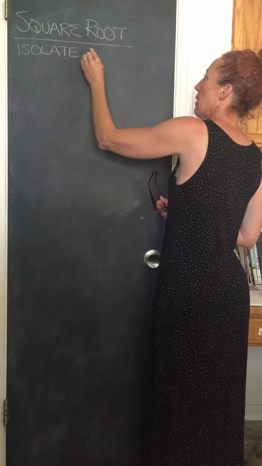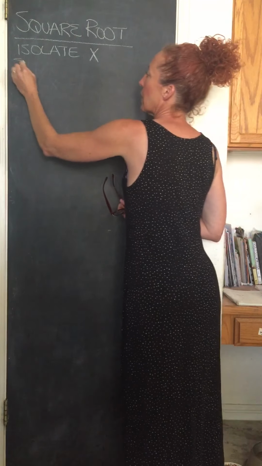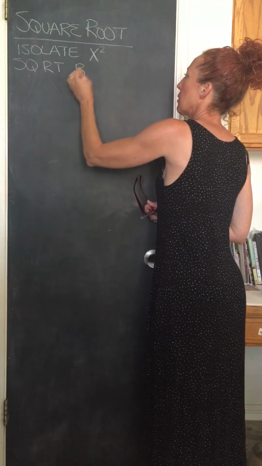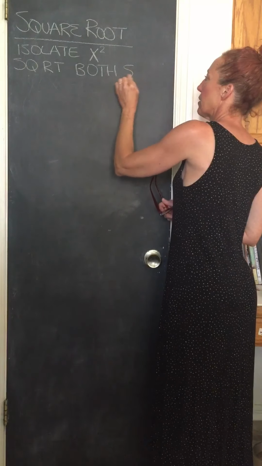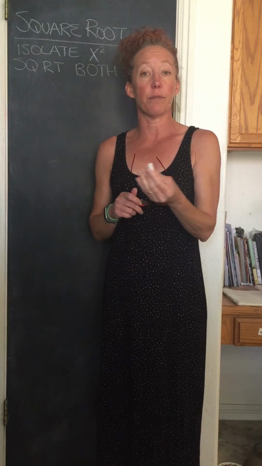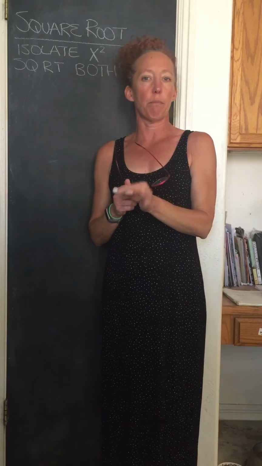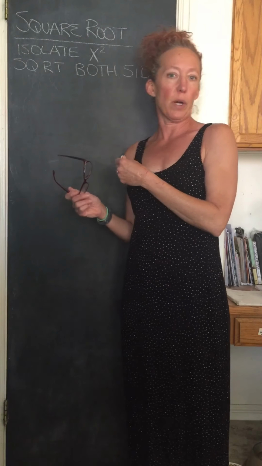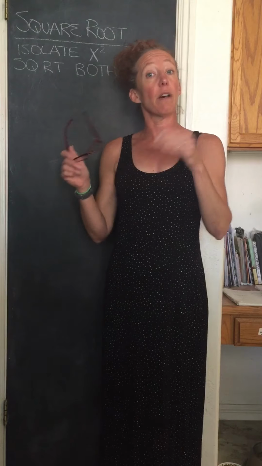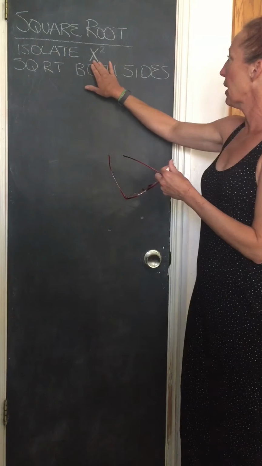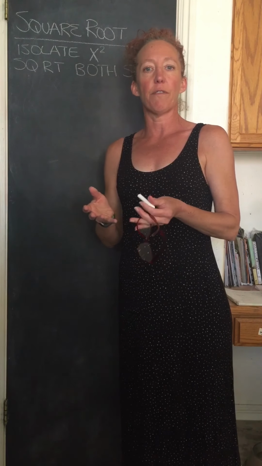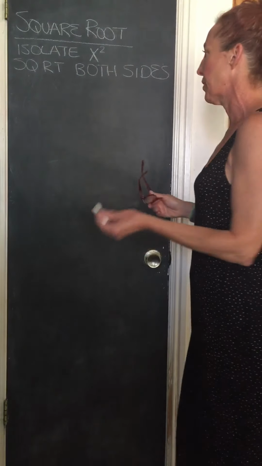We're going to isolate the square, and then we're going to square root both sides. It's super similar to kind of just the inverse, the opposite of what we did in section 10.6, where we got the square root by itself, and we had to square both sides. Here we're going to get the x squared term, or whatever is being squared, by itself, and then we're going to take the square root of both sides.